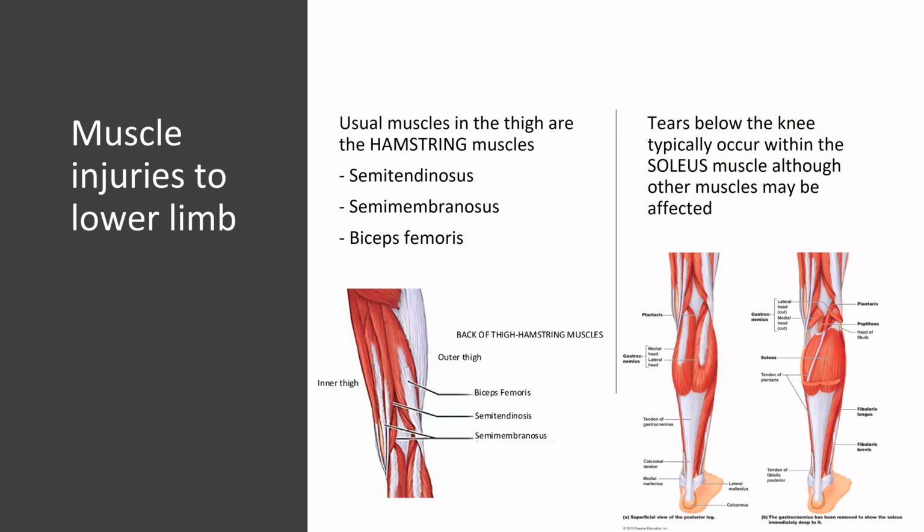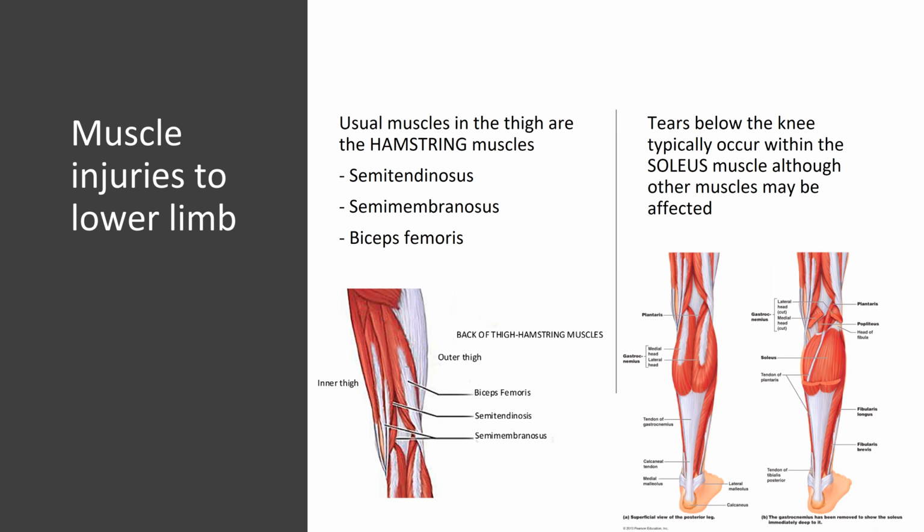For tears below the knee, it's typically at the soleus muscle, although other muscles may be affected, just because the impact of your movements are a lot more balanced between your lower leg muscles, compared to your upper lower limb, which is mostly done by your hamstrings.